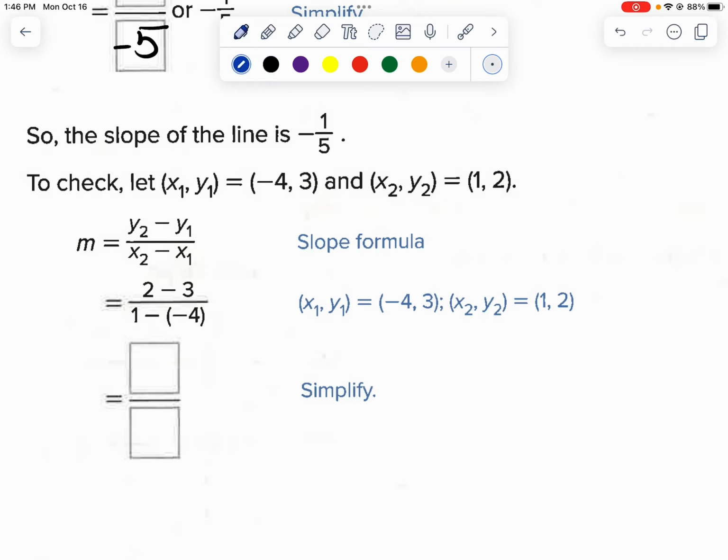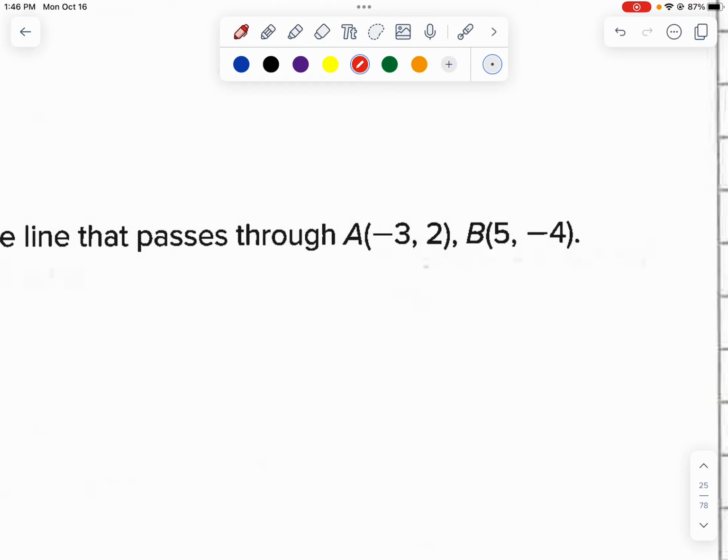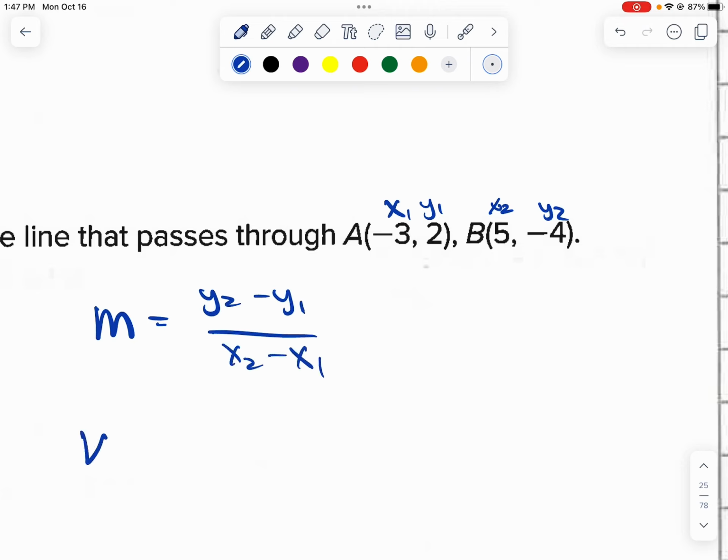If we switched it around and we did the 2 first, 2 minus 3, that would get me negative 1. If I switched it around, 1 minus negative 4, that changes to 5. It comes out to the same exact answer. So here, slope is y2 minus y1 over x2 minus x1.